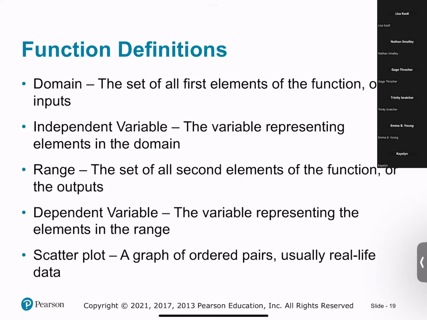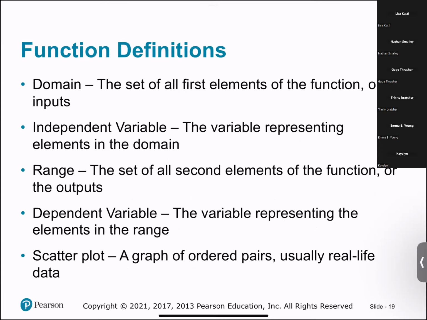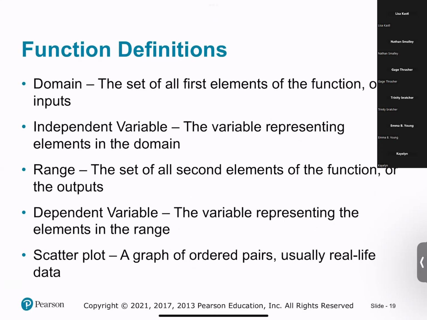All right, so here are your definitions. The domain is the set of all first elements of the function, or the inputs. So the domain is the value that you input into your function. So let me just draw a picture. Oops, let me just write something. PowerPoint's not cooperating.